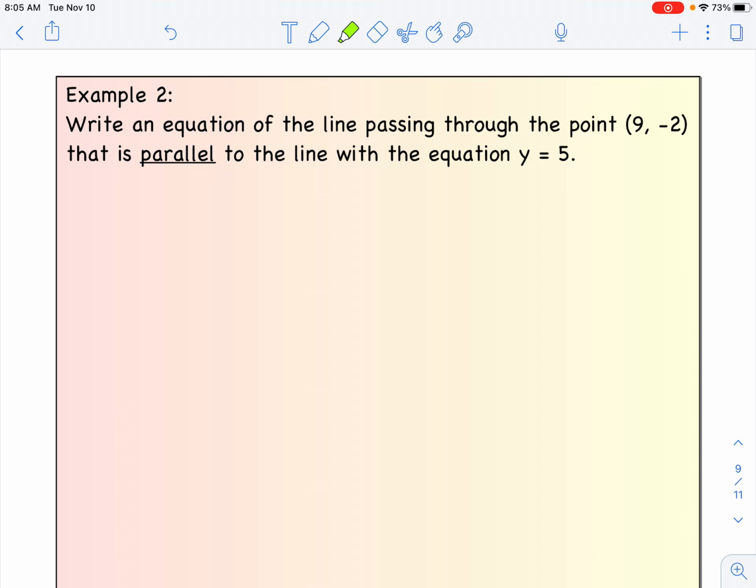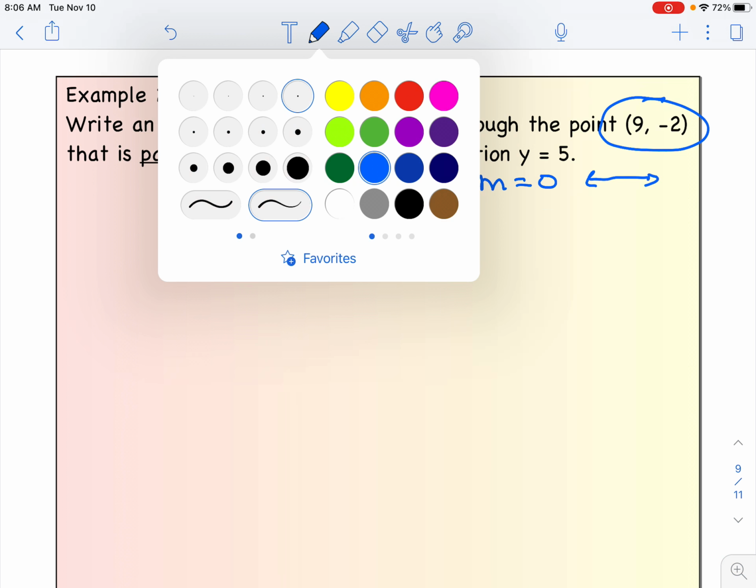Okay, so this one's a little trickier because now it says to write an equation of the line that goes through this point right here, but is parallel to the equation of the line y equals 5. Remember, y equals 5s go through the y-axis. They're horizontal lines, so their slope is 0. So now, basically, we could do the same thing that we just did.